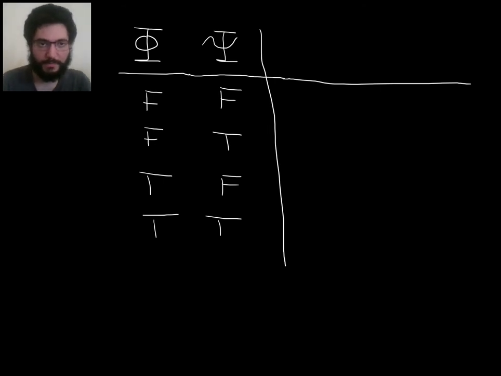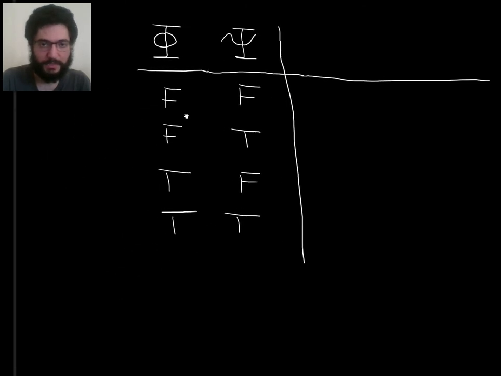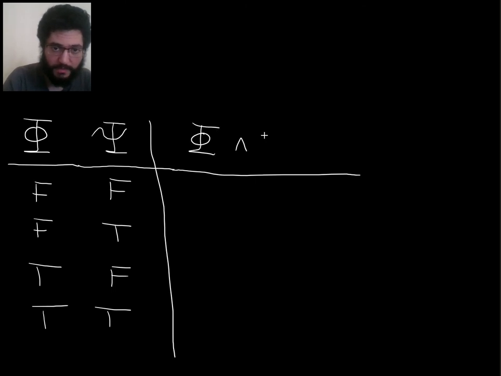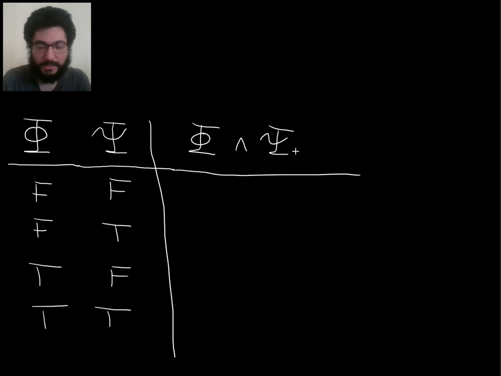So, for example, let's suppose that you're wondering about, in each of these situations, what is phi and psi. So phi and psi, it's a proposition, and it's either true or false, right? So there are just the two possibilities. But can we describe in each of these situations whether it's true or false?